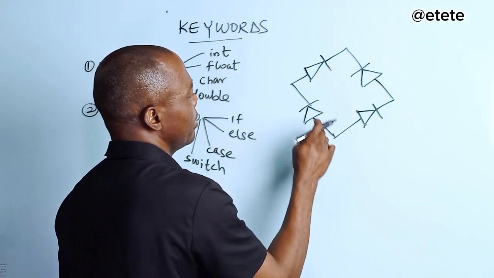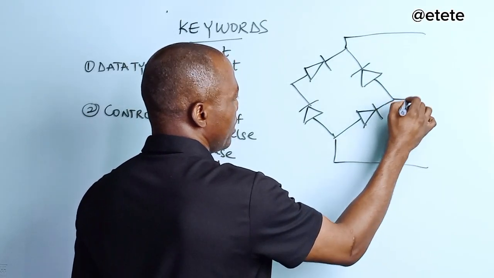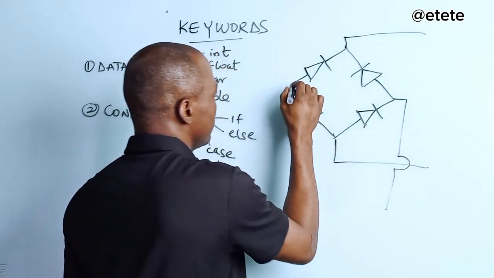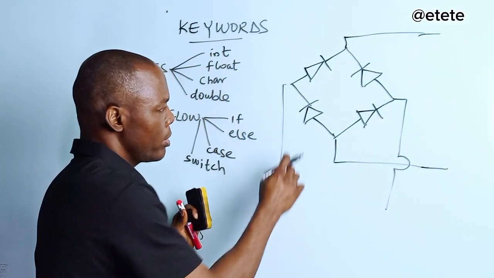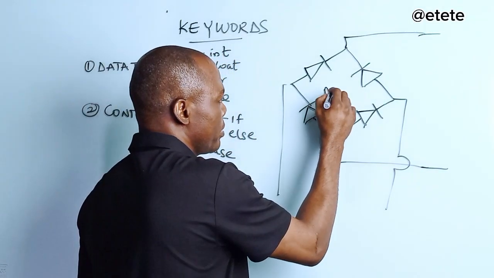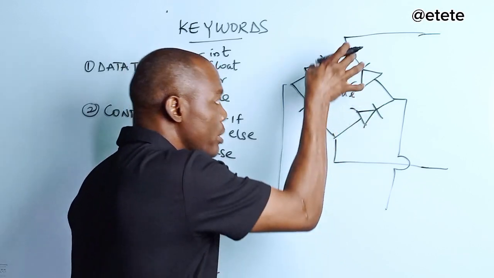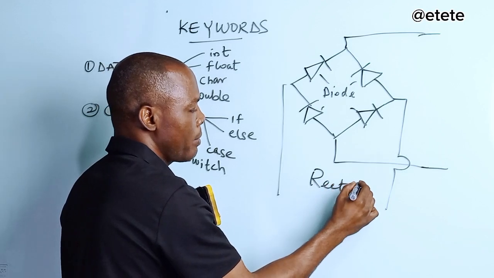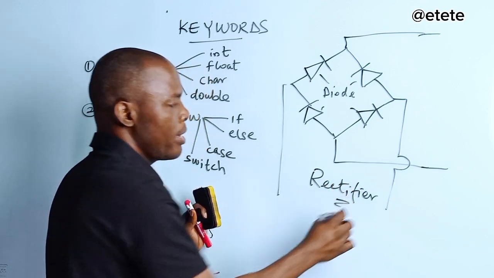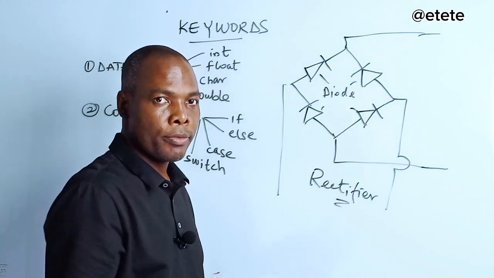Hope I'm right. Okay, so this is positive, and this is this, so I have this going like this. Now these are diodes, this and this. But this complete circuit is called a rectifier, right? This complete combination is called a rectifier.